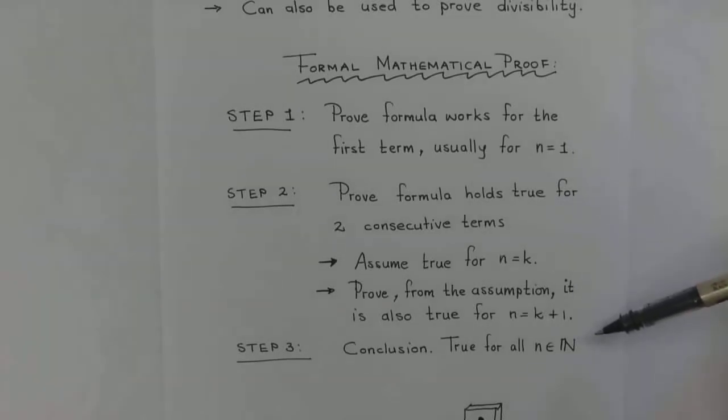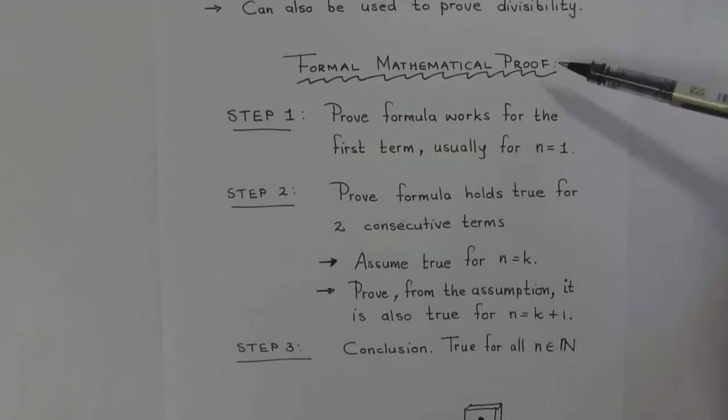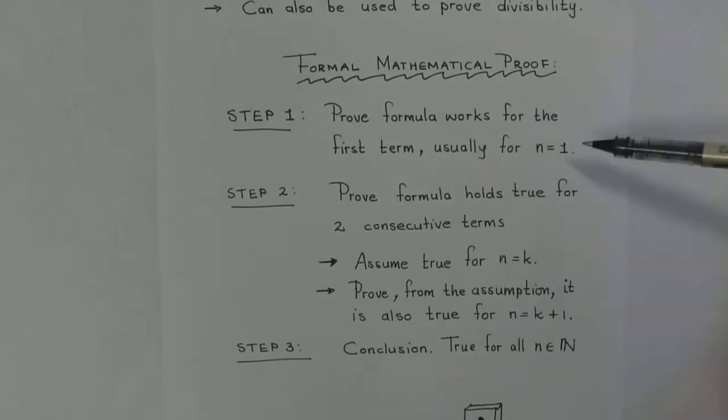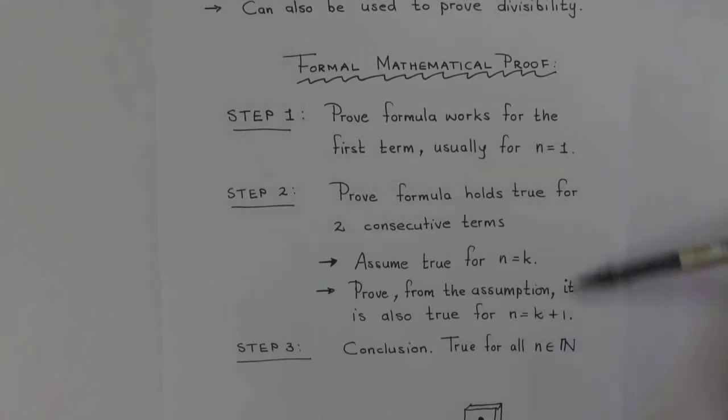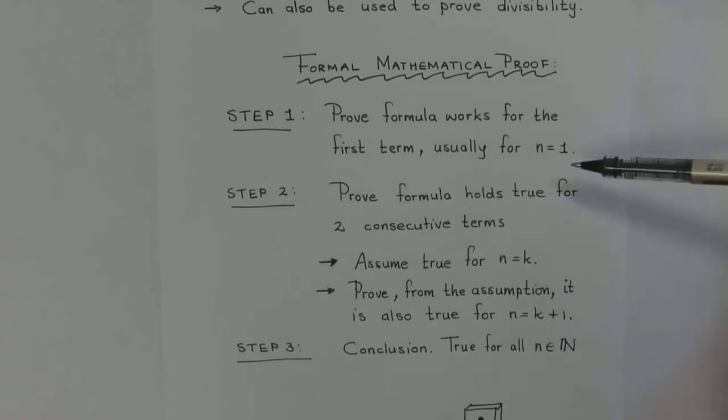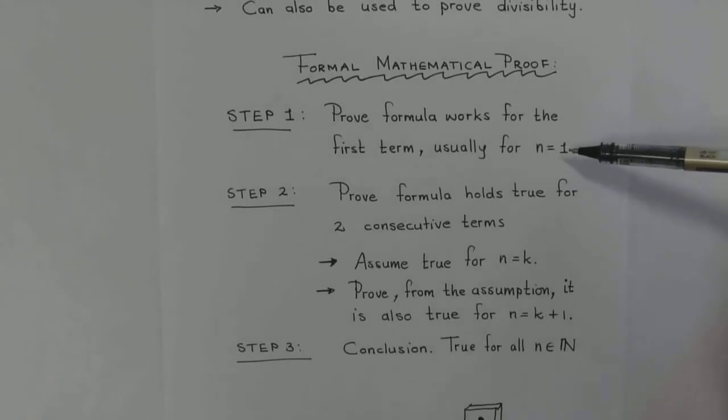And you'll see in all of the examples that they give you, they state very clearly "using mathematical induction." So because they say using mathematical induction, you have to use this mathematical proof. So very, very important: do not make up your own steps. Follow these. I'm going to go through the steps first, and after I've gone through the steps, in the examples I will refer back to them again and again so you can see exactly what it entails.